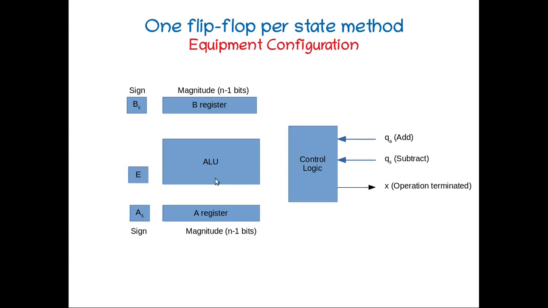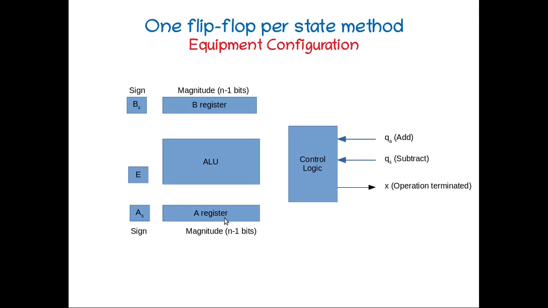Then another part is the ALU. This ALU will perform operations on these registers, and the result will be stored in the A register, and the carry after the arithmetic operation will be stored into this E bit. This E bit is used for storing the carry out from the ALU.